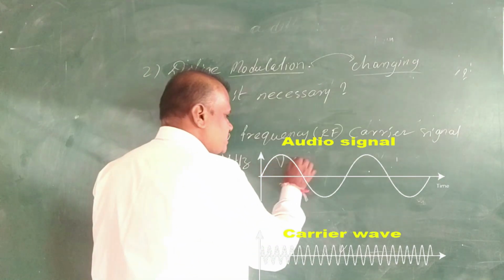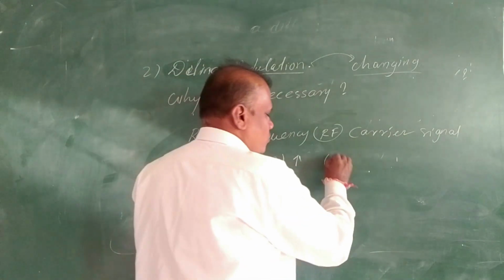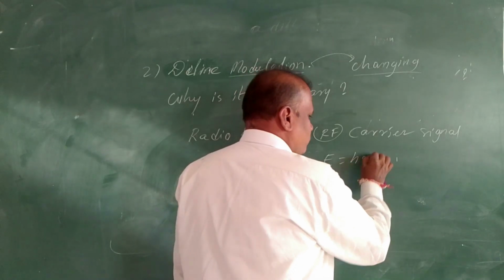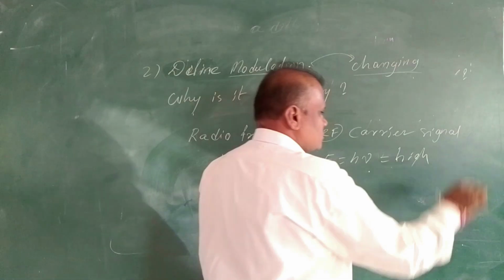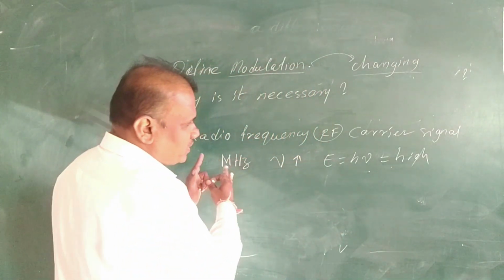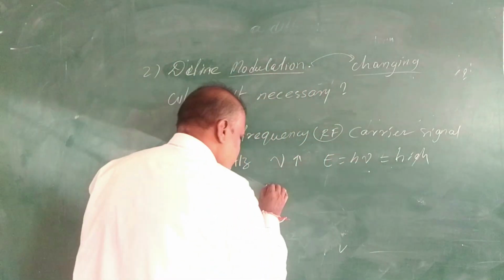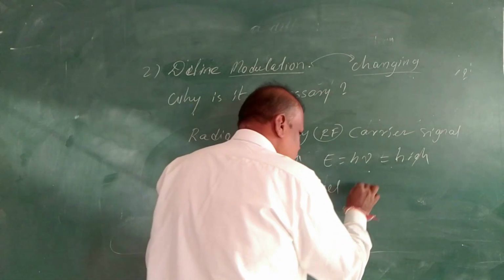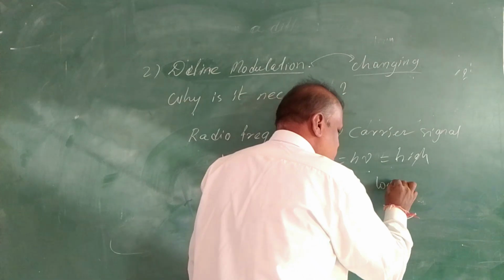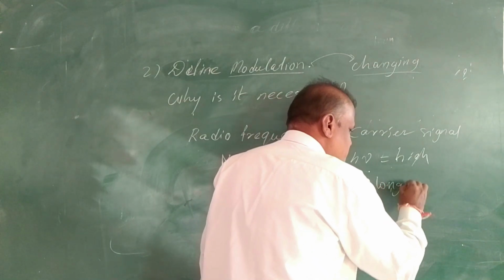As the frequency is high, according to the formula E equal to h nu, the energy will be high. So these signals have high energy, therefore they can travel to longer distances.